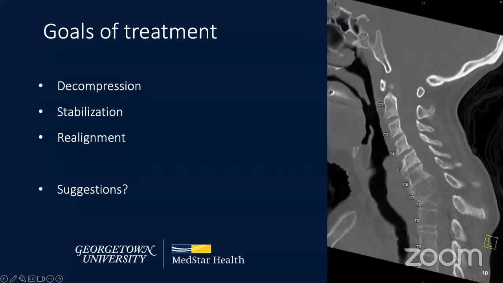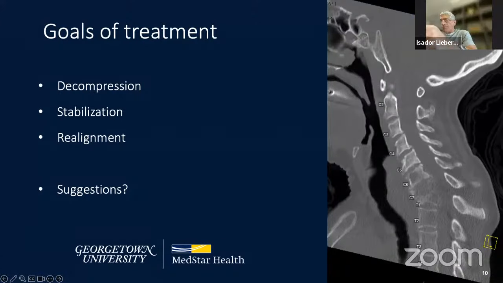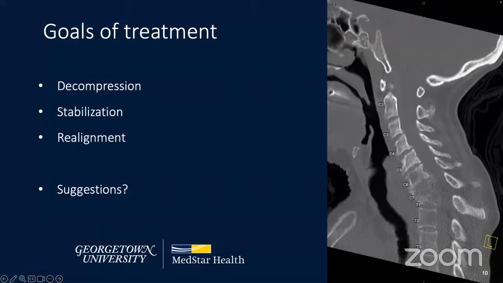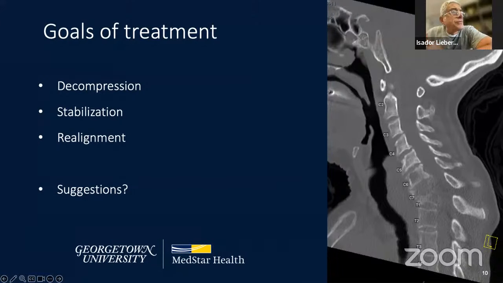Was a pre-op MRI done and we're just not available or not done for some reason? It was done at the outside hospital. Unfortunately, was not available. I tried to bring it up, but was not able to. Yeah, this is Izzy, can you just repeat the neurological exam again? Was it just isolated hand weakness?